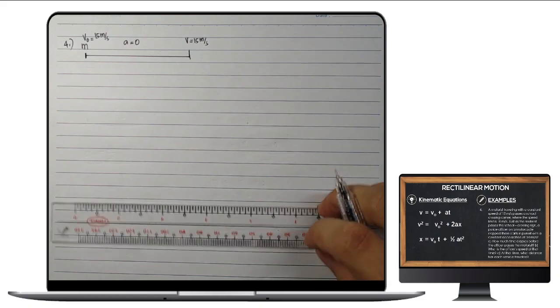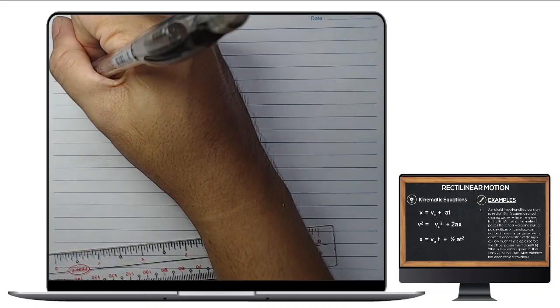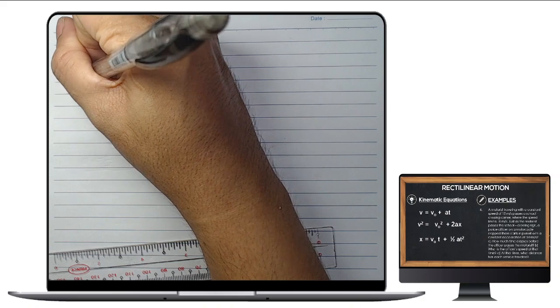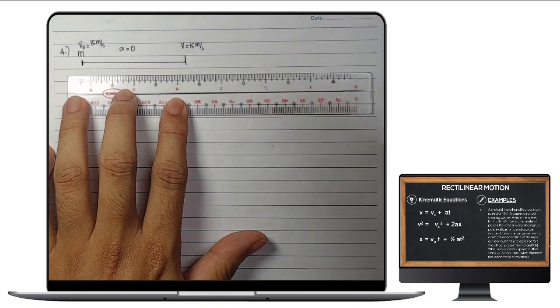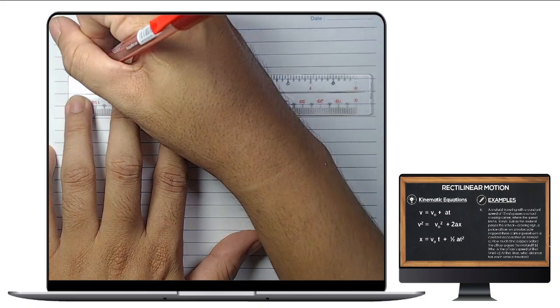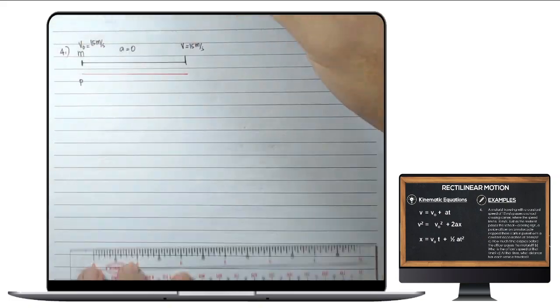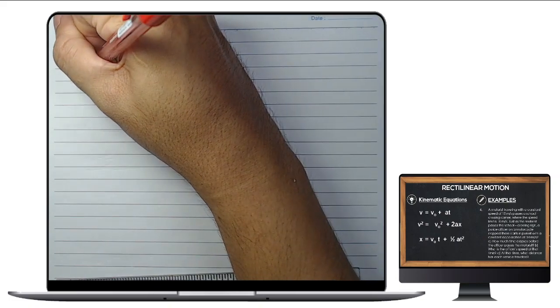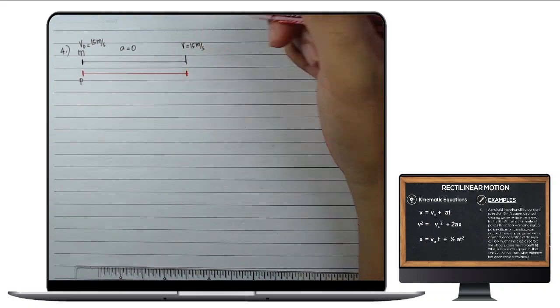Then, let's have for the police officer. So, the police officer, we place him down here. For the police officer, this is the path of the police officer. Okay? So, they first meet at the school crossing corner.